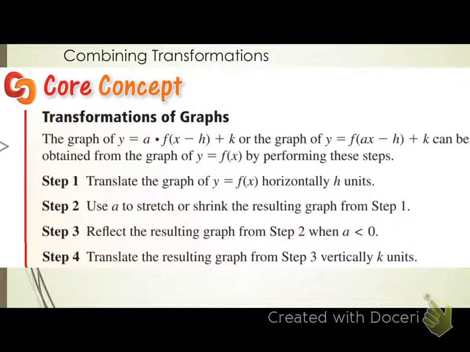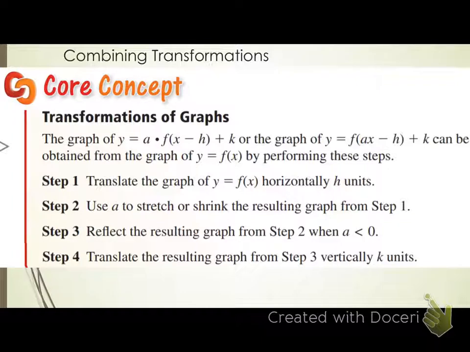Now I took this little snippet from 3.6 when we talked about transformations of linear functions. If we're combining transformations, this is the order we're going to use. That order is going to stay the same for our absolute value transformations.